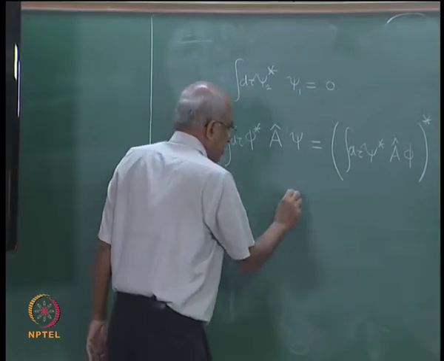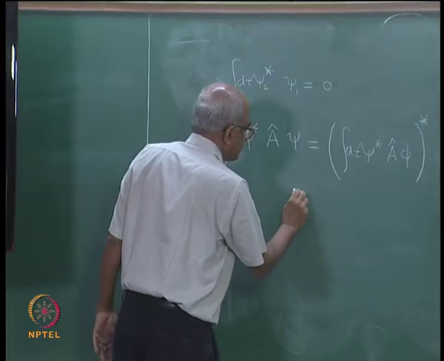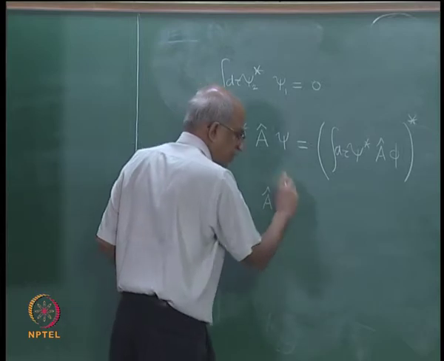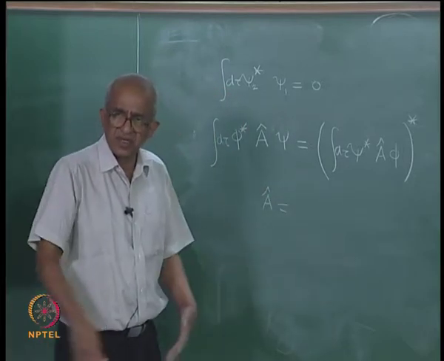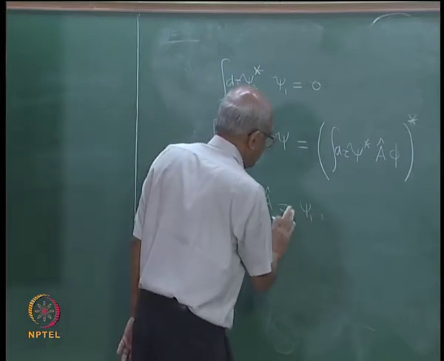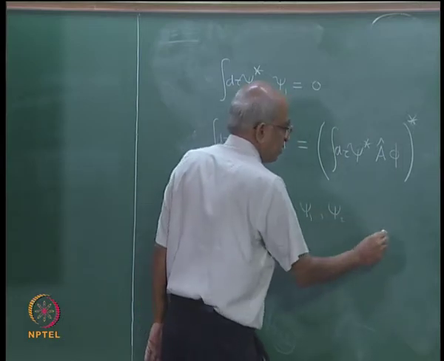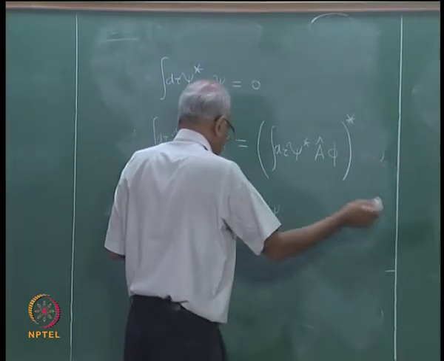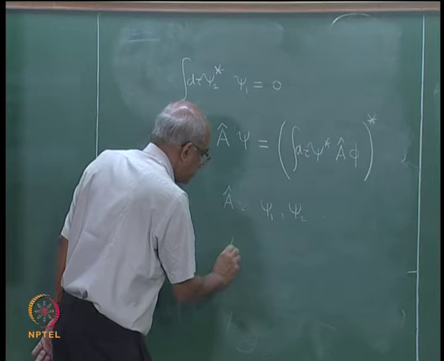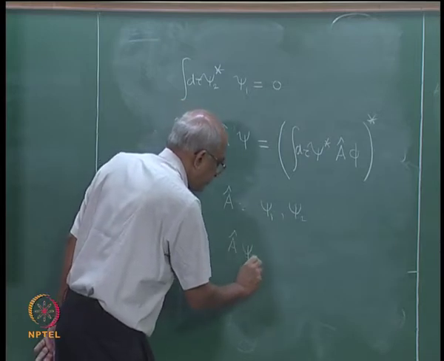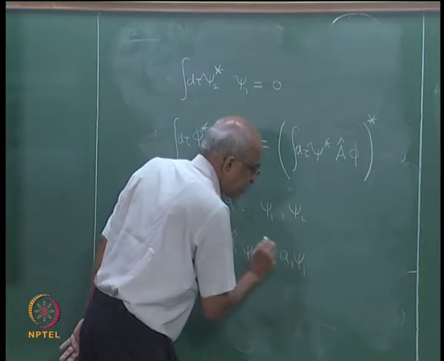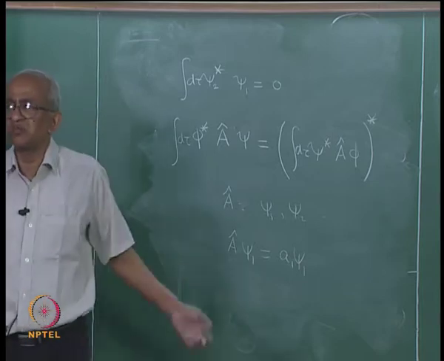So, let me say that I have an eigenfunction. This operator A would have, in principle, an infinite number of eigenfunctions, so I need some notation. Let me say that psi 1, psi 2, etc., this list goes to infinity, are eigenfunctions of the operator A. What it means is that if A operates upon psi 1, the answer is going to be psi 1 itself multiplied by the corresponding eigenvalue, which I will denote by the symbol a 1.